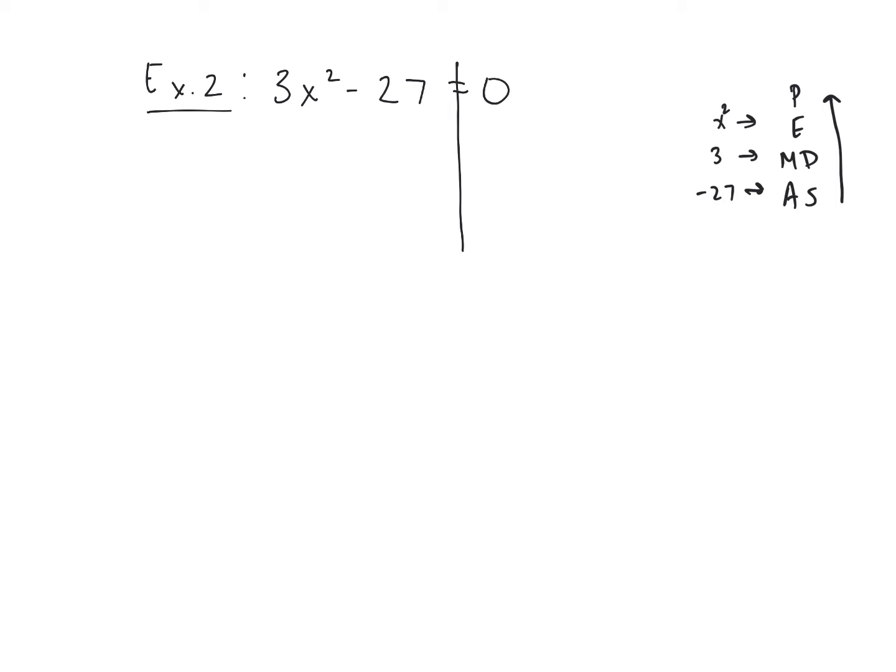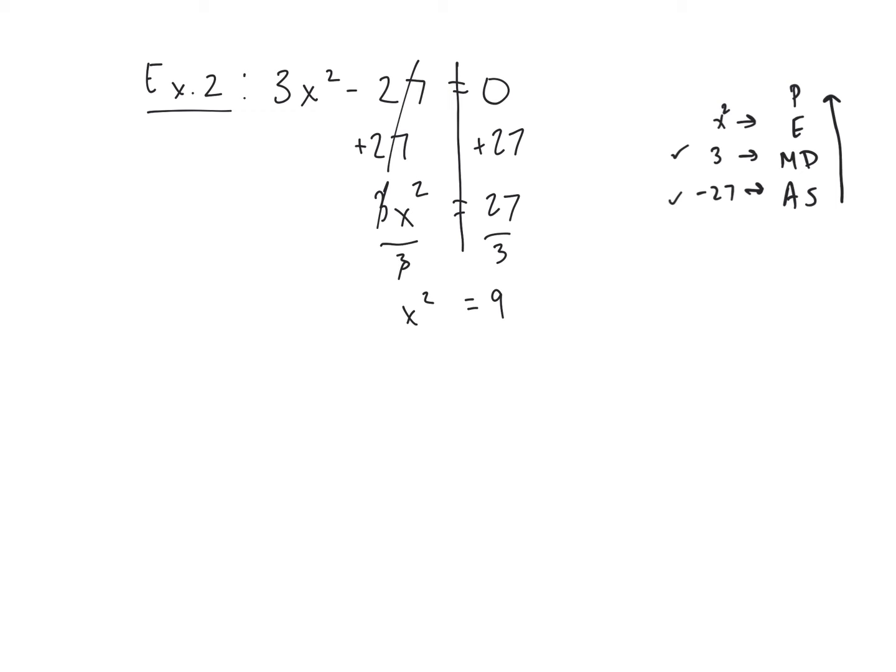So I can undo a subtract 27 by adding 27 to both sides. And I get 3x squared equals 27. Then I can undo the multiply by 3 by dividing both sides by 3. I get x squared equals 9. And so that takes care of my adding and subtracting, then my multiplying and dividing. Then I'm just left with taking a square root of both sides.